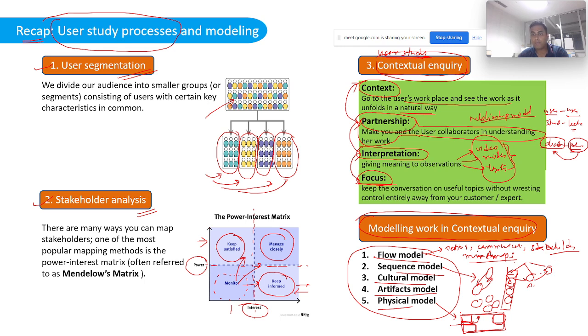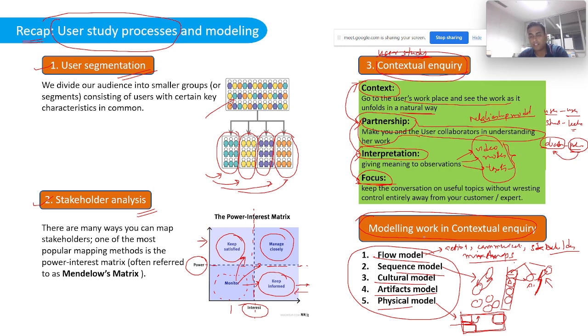Breakpoints in a particular process are represented by a fireball or light bulb, and these are the regions or opportunity areas where we can design around and come up with a better design. Okay, so this is what we discussed in the last class, and in today's class I'll be discussing some more user study techniques.